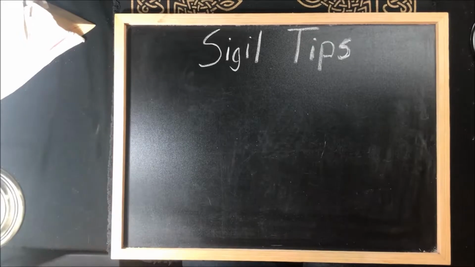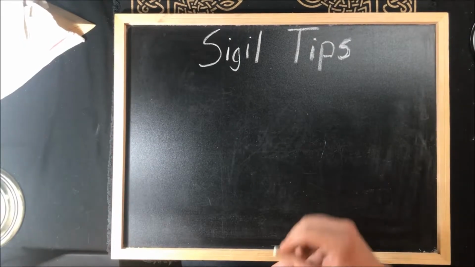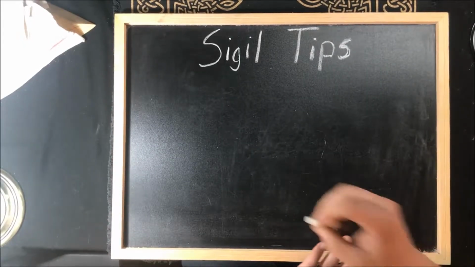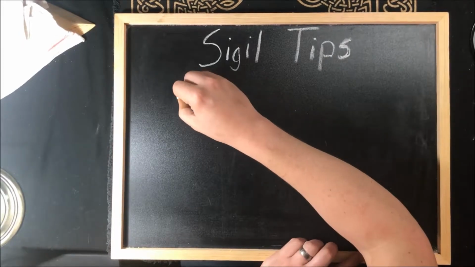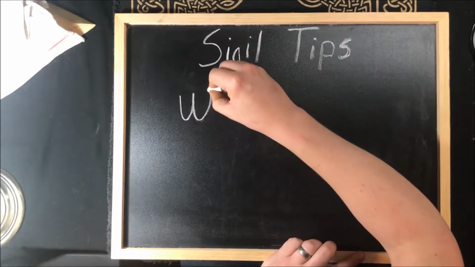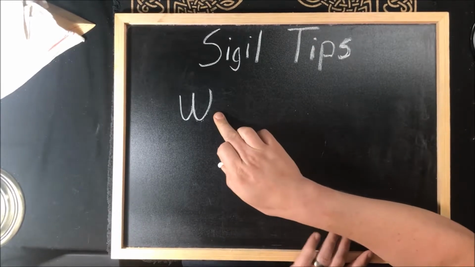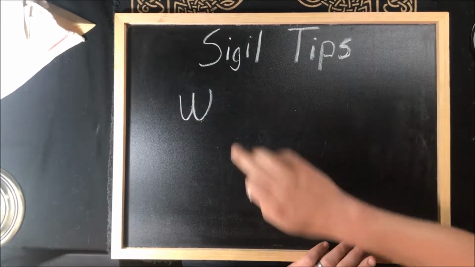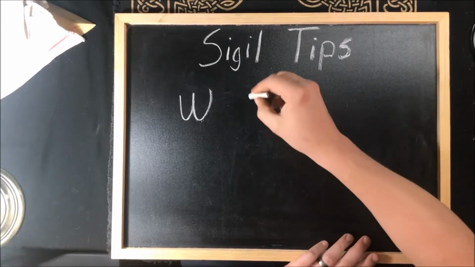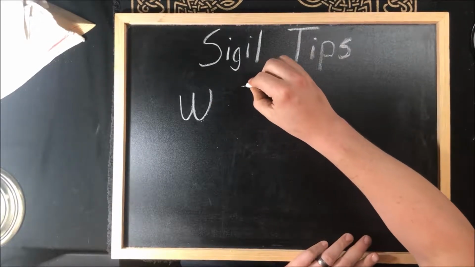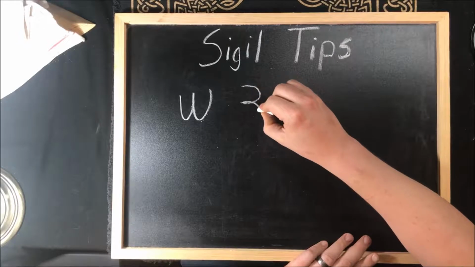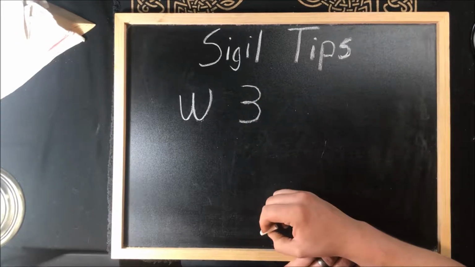regular alphabet. So my favorite one is probably going to be the W. So a W, and there's a reason why I have it curved, because if you put the W sideways, what do you see?